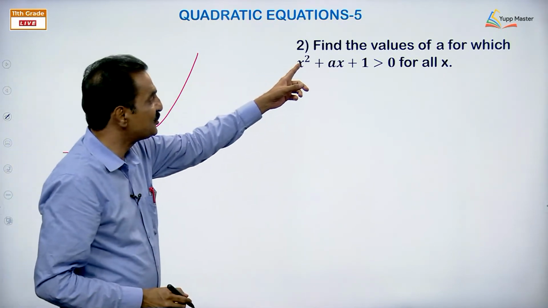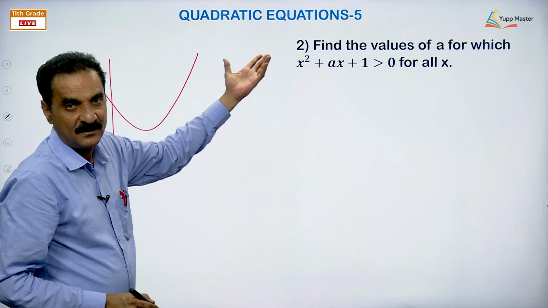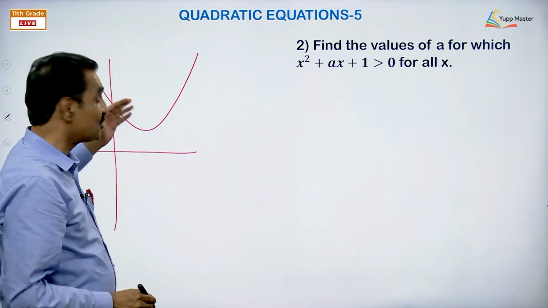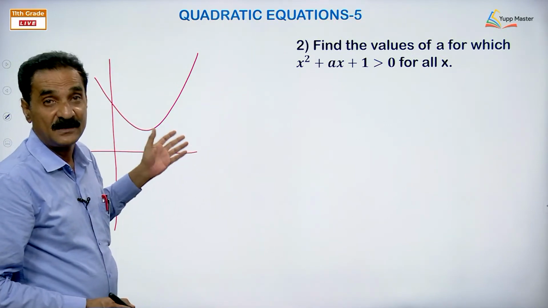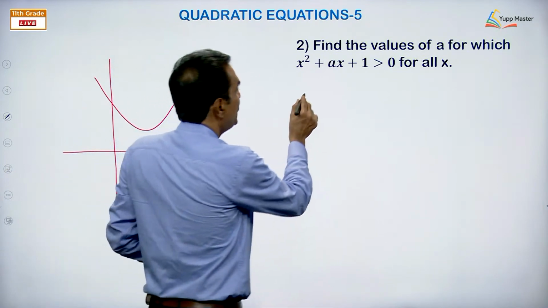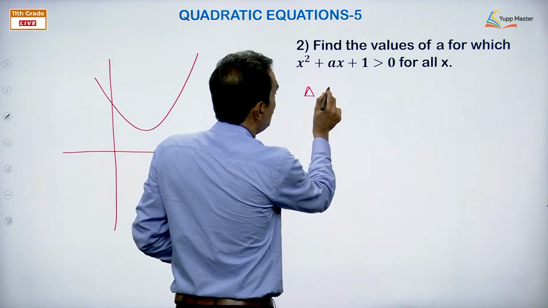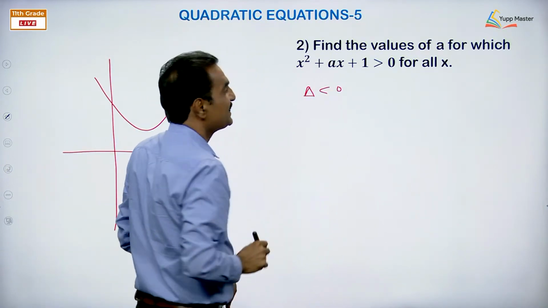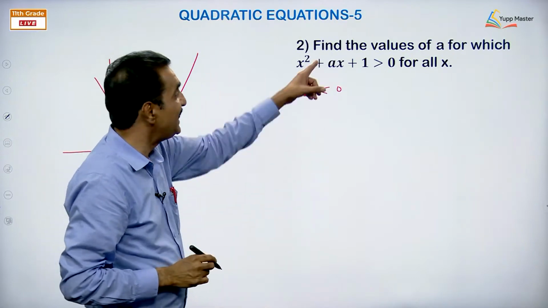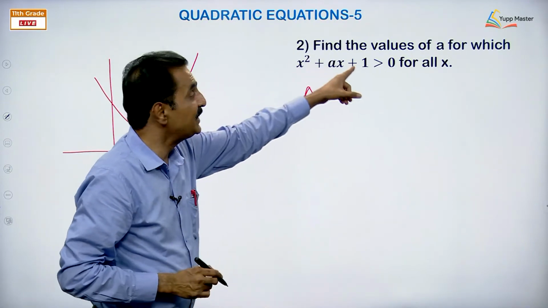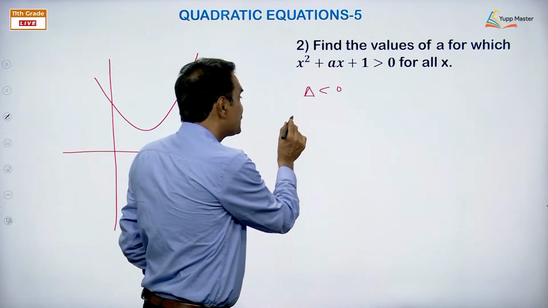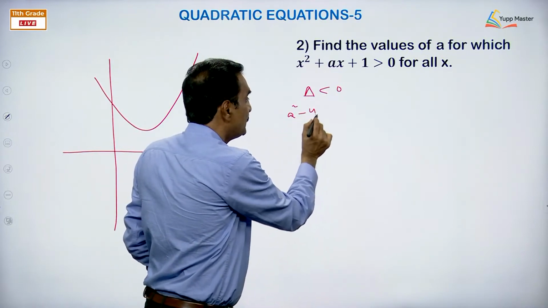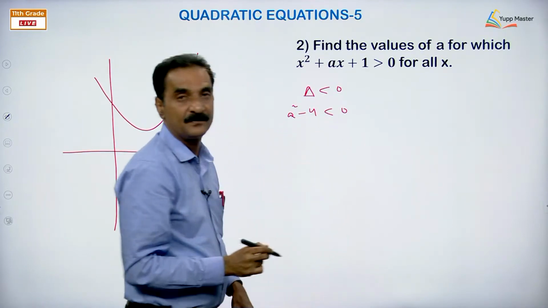The x square coefficient should be positive, it is positive only. What else? Delta should be negative. So, here you will write delta less than 0. What is delta? b square minus 4ac means a square minus 4 into 1 into 1. a square minus 4 should be less than 0.